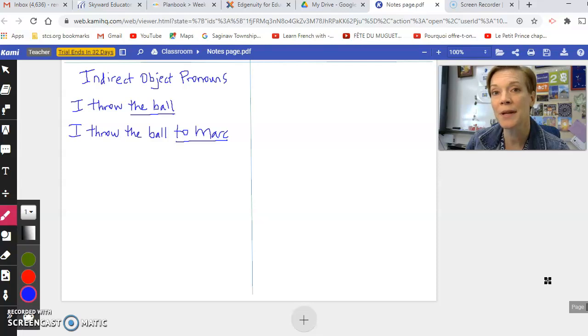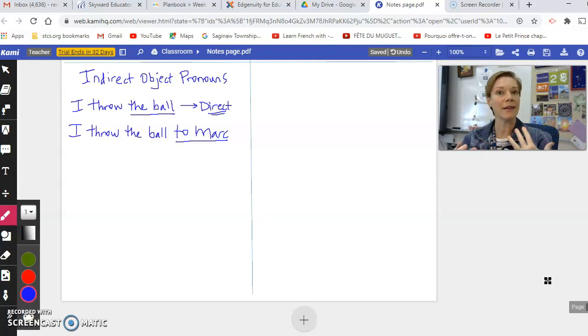What's the difference between these two sentences? Here, when you say I throw the ball, the ball is the direct object. It's directly thrown. But now I'm throwing the ball to Mark. Mark is still receiving some of the action because I'm throwing the ball to him.